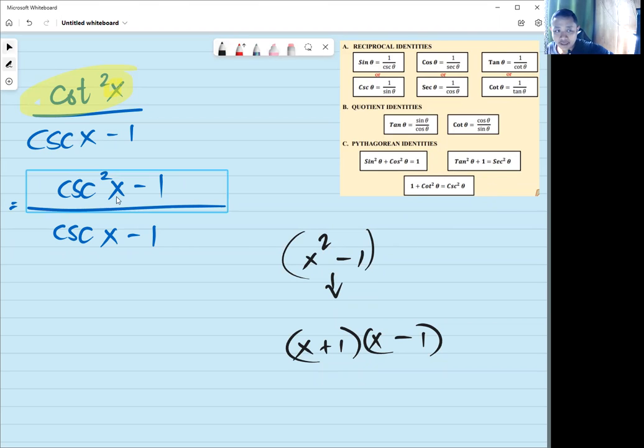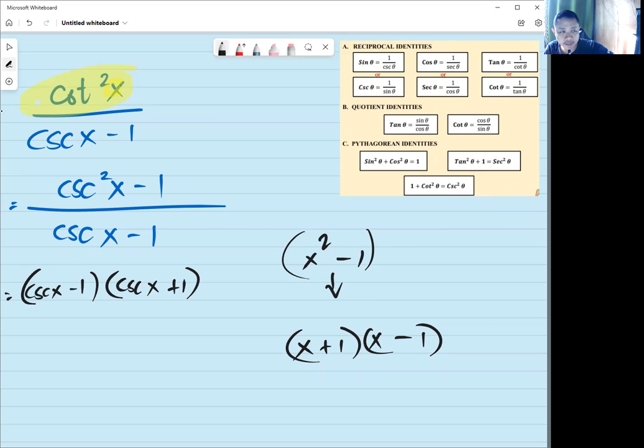So therefore, let's factor out our numerator. So this will become in terms of cosecant. So we have cosecant x minus 1 and cosecant x plus 1. Okay. And then what happens next here is over cosecant x plus 1.